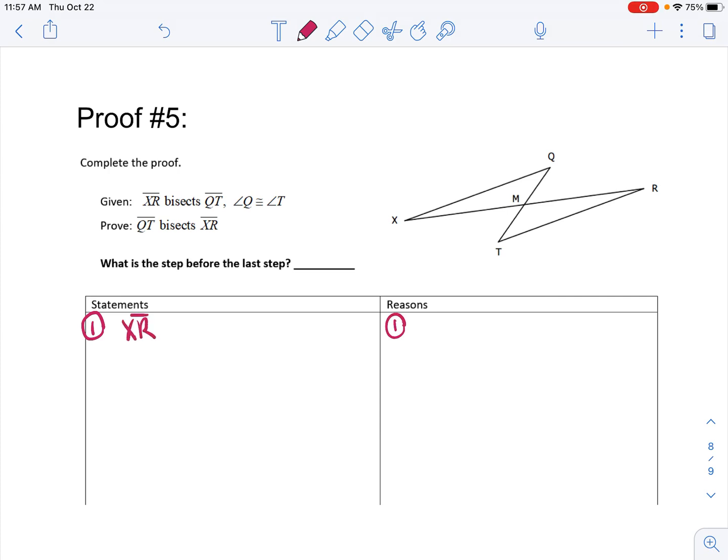Okay, so we have XR bisects QT, and then angle Q is congruent to angle T. Okay. And we are trying to prove that segment QT bisects segment XR.